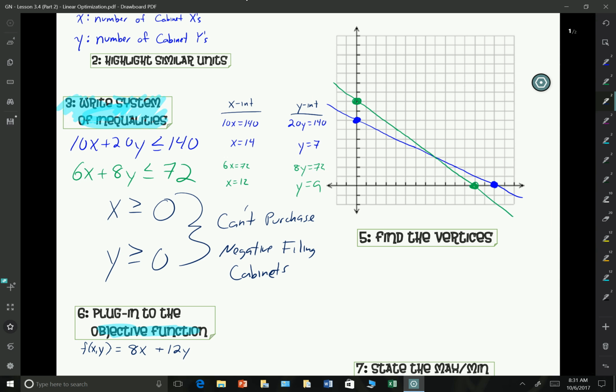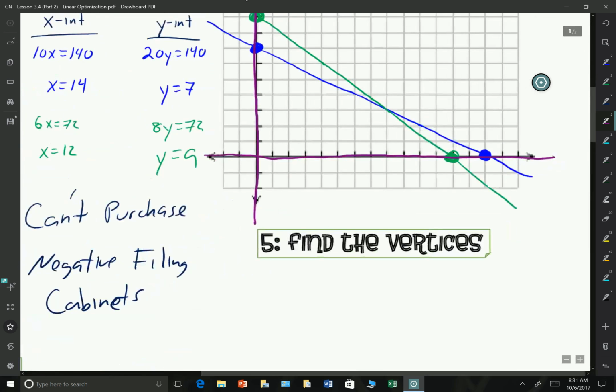But if I shade down, I'm saying here I'm buying negative Y filing cabinets. I'm saying here I'm buying negative X filing cabinets. It doesn't work. So then I need a vertical line here to say I can buy 0 or more than 0. I can buy 0 cabinet Ys or more than 0. So my shaded region is this quadrilateral.